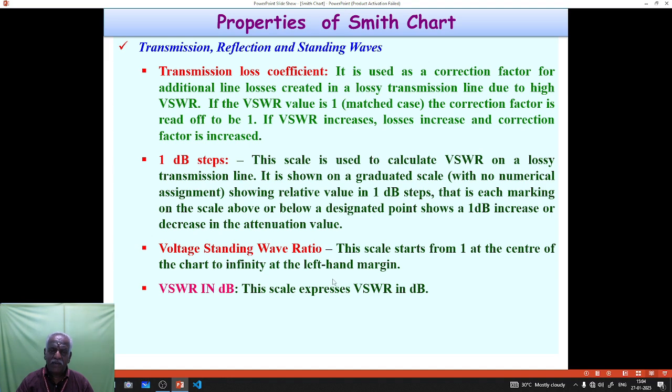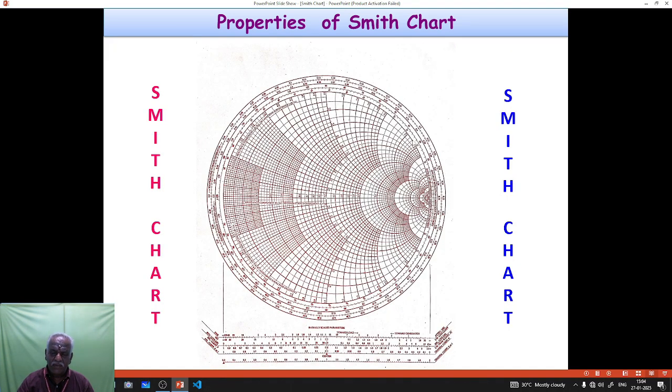Now the Smith chart is shown here. There will be radial scales and circular scales, constant R circles, constant X circles, everything shown in a single chart. This is the composition of the Smith chart.